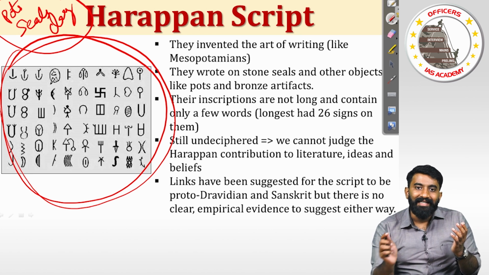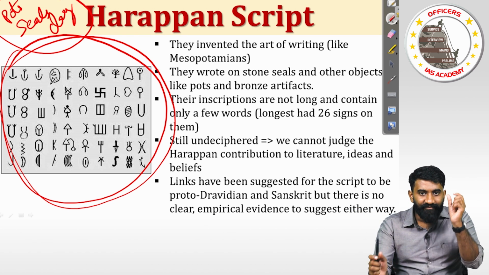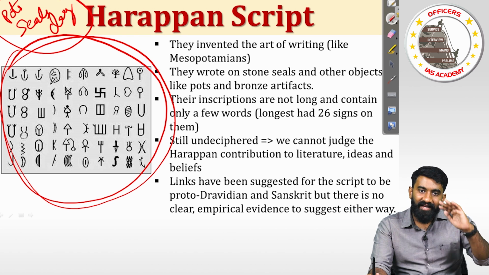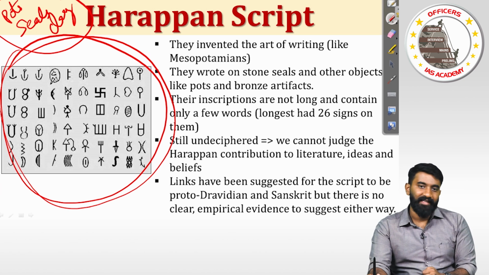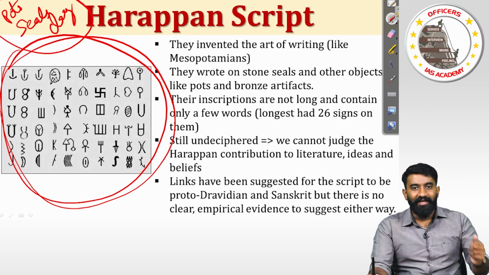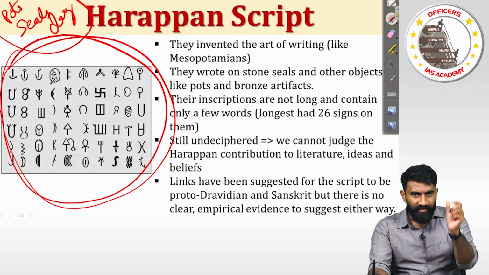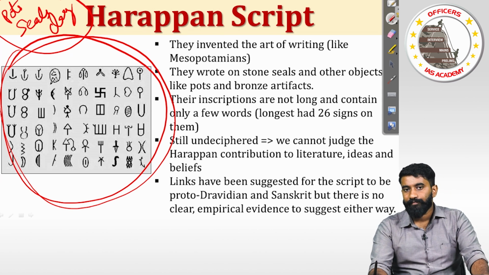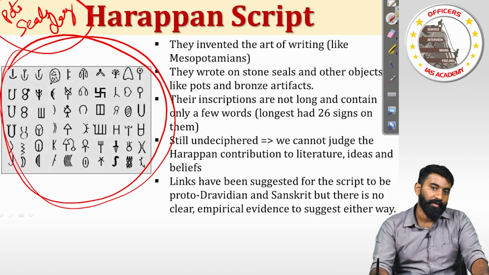They do not need any other character to make sense. Every character by itself has its own meaning. That is a pictographic script. So we believe that the Harappan script is a pictographic script where each and every character standalone has its own meaning. But we have not deciphered what that meaning is. That is the problem here.